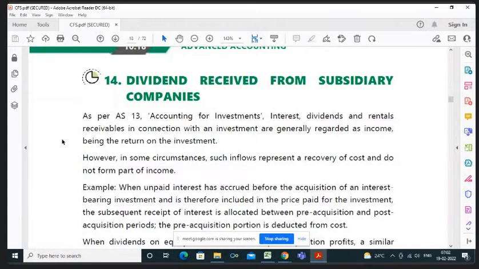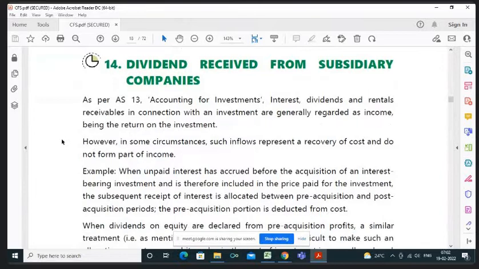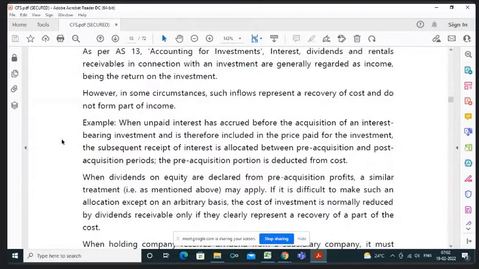However, in some circumstances, such inflows represent a recovery of cost and do not form part of income. For example, when unpaid interest has accrued before the acquisition of an interest-bearing investment and is therefore included in the price paid for the investment, the subsequent receipt of interest is allocated between pre-acquisition and post-acquisition periods. The pre-acquisition portion is deducted from cost.